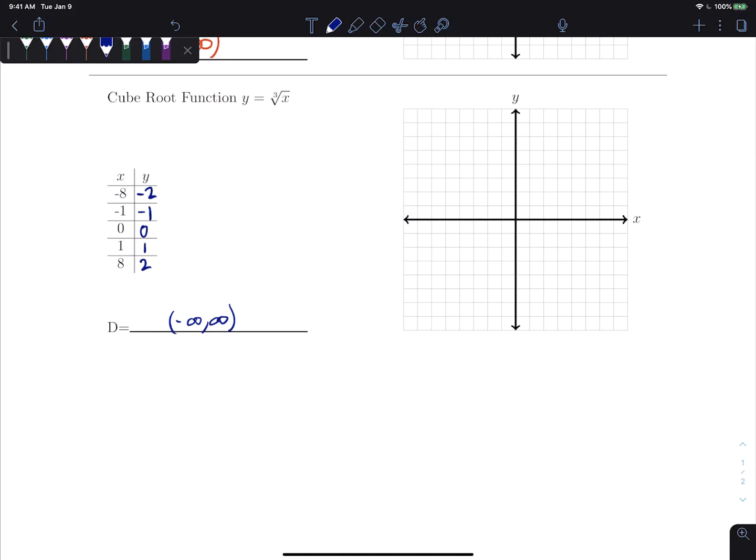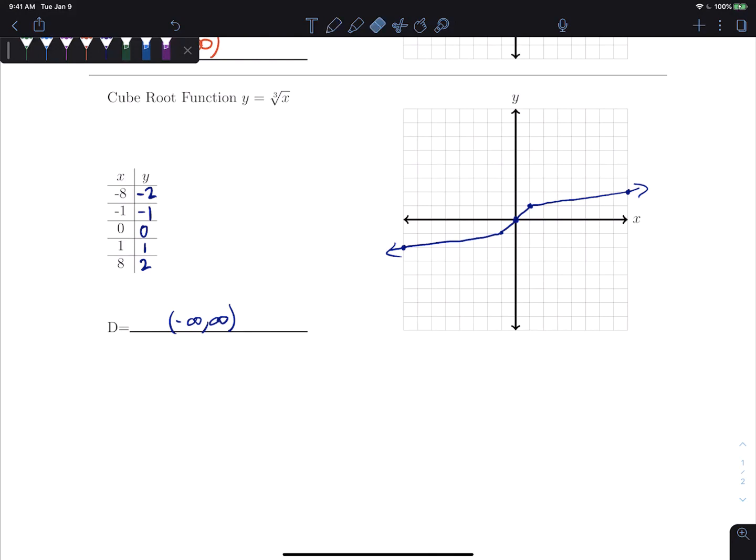Outstanding. Graphing this, negative 8, negative 2 is right here. Negative 1, negative 1, 0, 0, 1, 1, and 8, 2. And then just connect these with a curve. Preferably a curve that doesn't look ridiculous. Close enough.